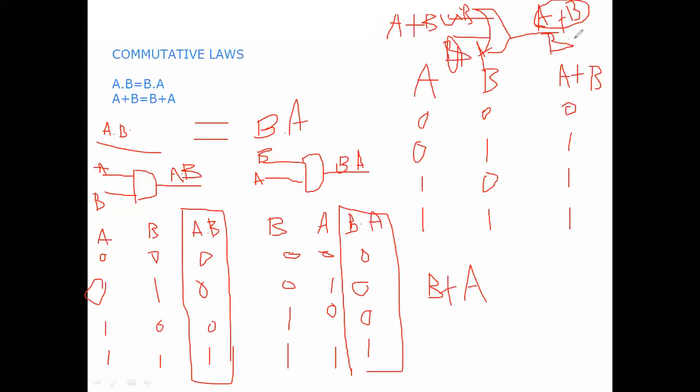First we take B, the second input is A, with the combinations 0, 0; 0, 1; 1, 0; 1, 1. Then we get B plus A is also the same as this. So this is about the commutative law.